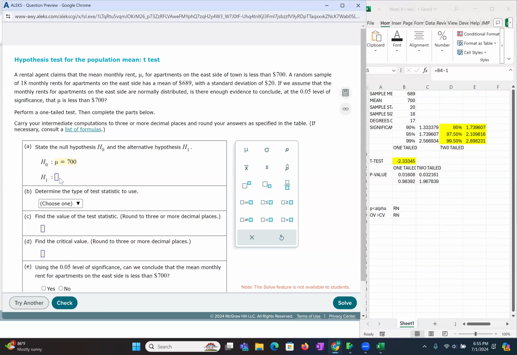And here, we're going to say that mu is less than 700. It does a t-test. Degrees of freedom is 17. And the value of the test statistic, negative 2.333.